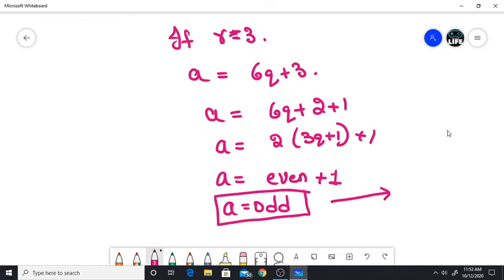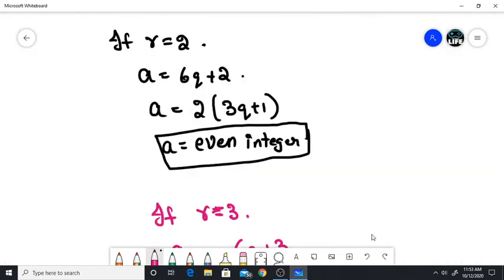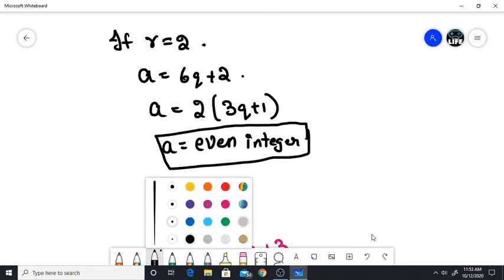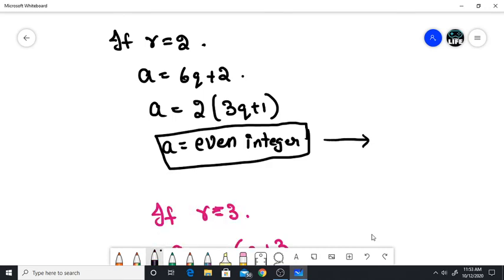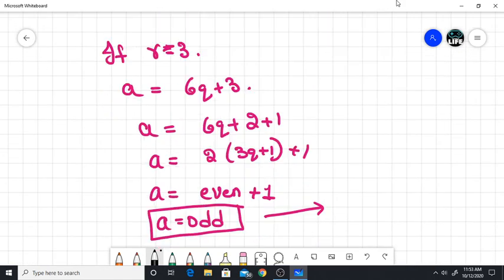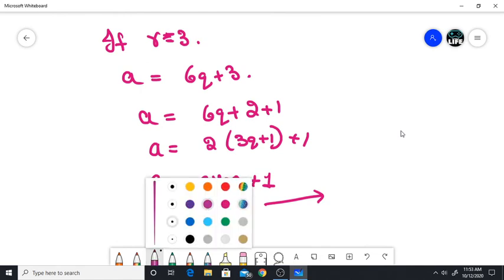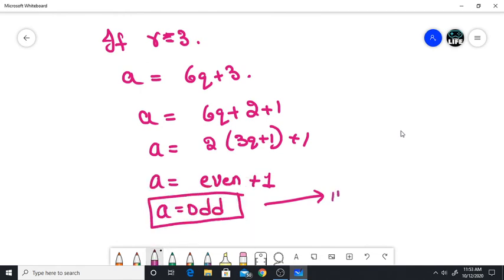Mark it as equation 3, and mark it as equation 4.